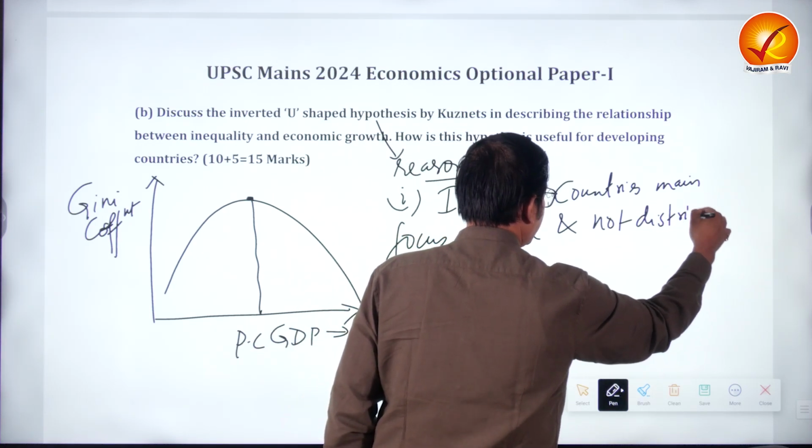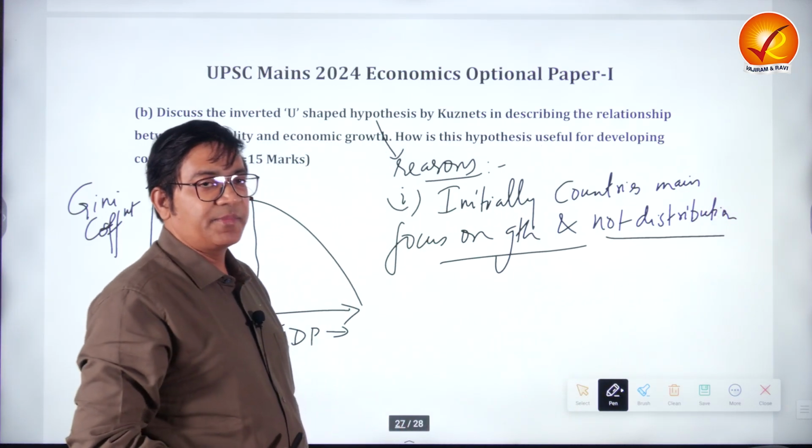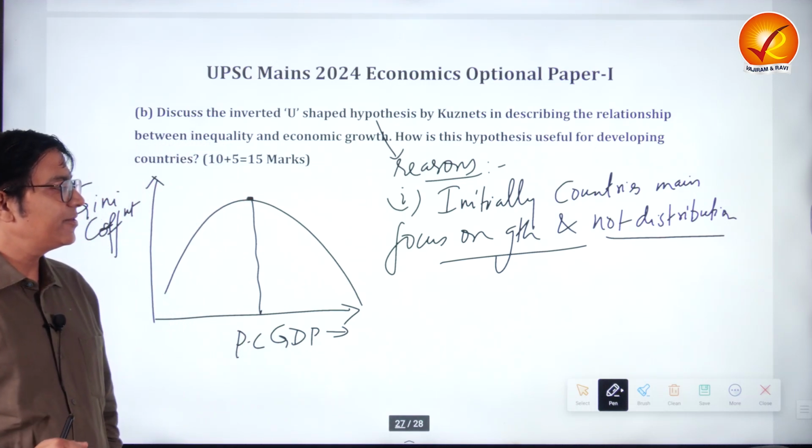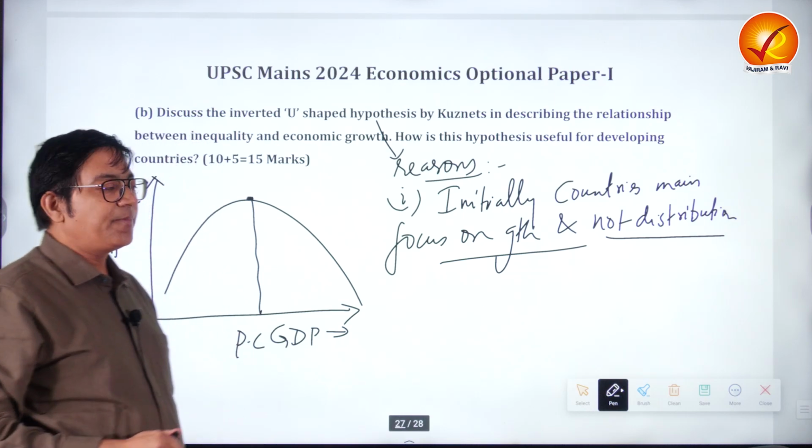Like initially when the industrial revolution started in Europe, they were not very serious about distributing the fruits of the growth, but growing more. Later on, the distributional aspects come in.